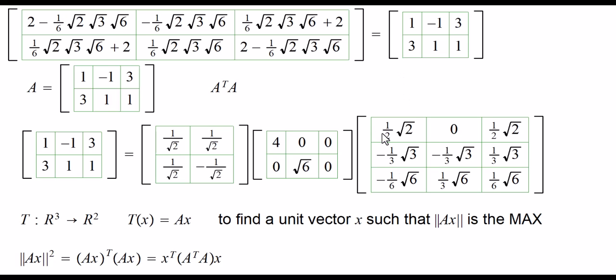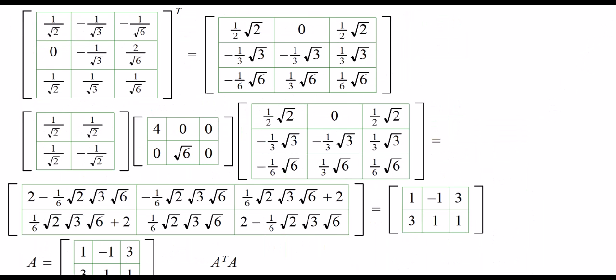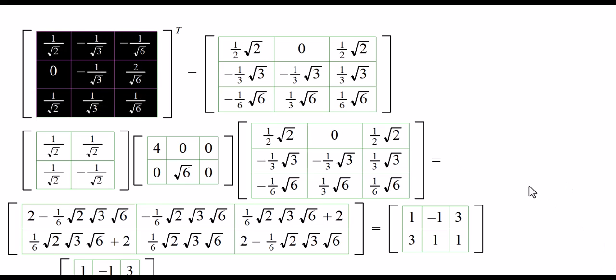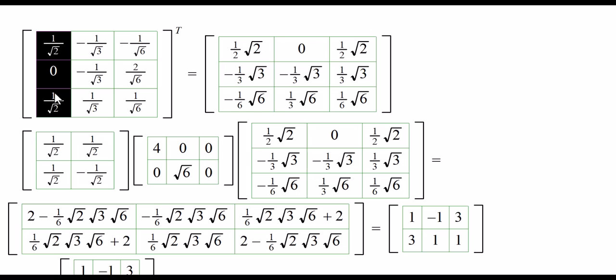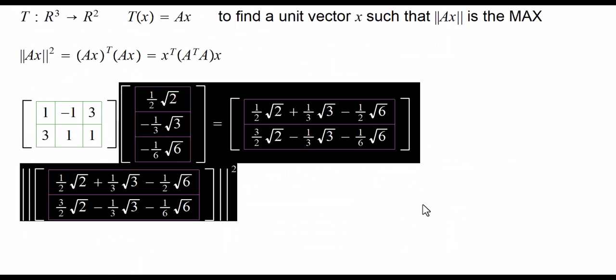That will be the column vector, because we had obtained this matrix as a transpose of this matrix, so that's the column right here.